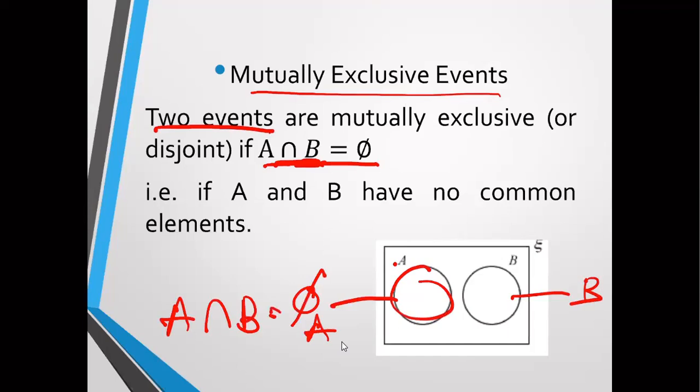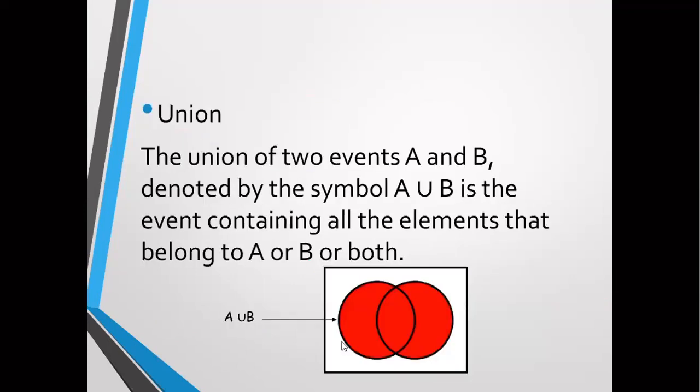It doesn't have any element. If we consider the set A intersection B, it does not have any element if A and B are mutually exclusive. Is that clear, guys? I hope you understood about mutually exclusive events and intersection and complement. Then we will discuss union.